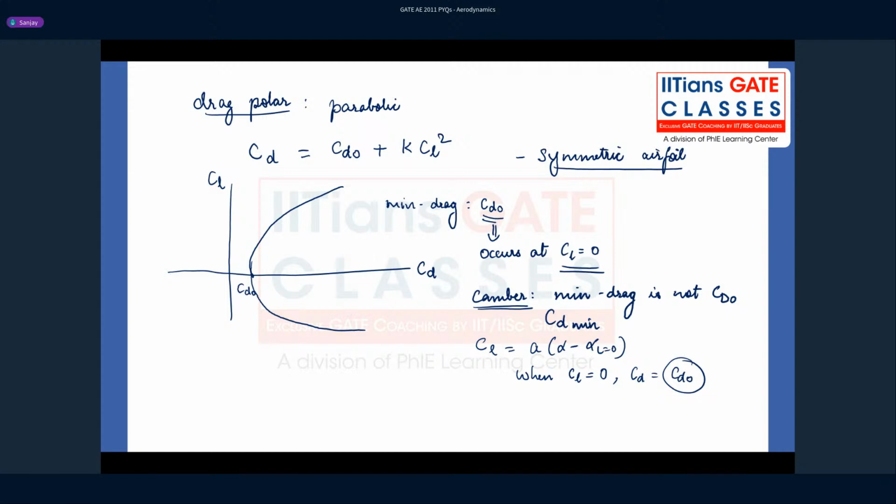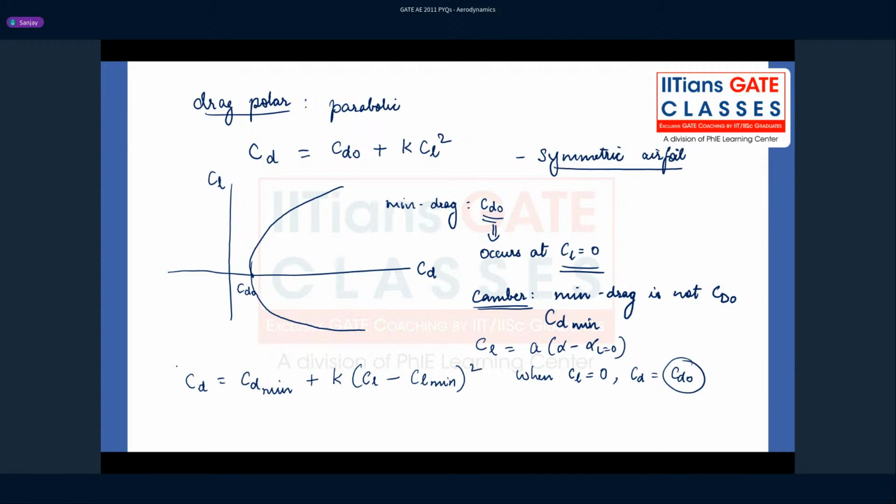So in this case, how does your drag polar equation look? It actually changes a little bit. It now looks like CD is equal to CD minimum, because the minimum CD is the CD minimum, plus K times CL minus CL minimum, whole square.